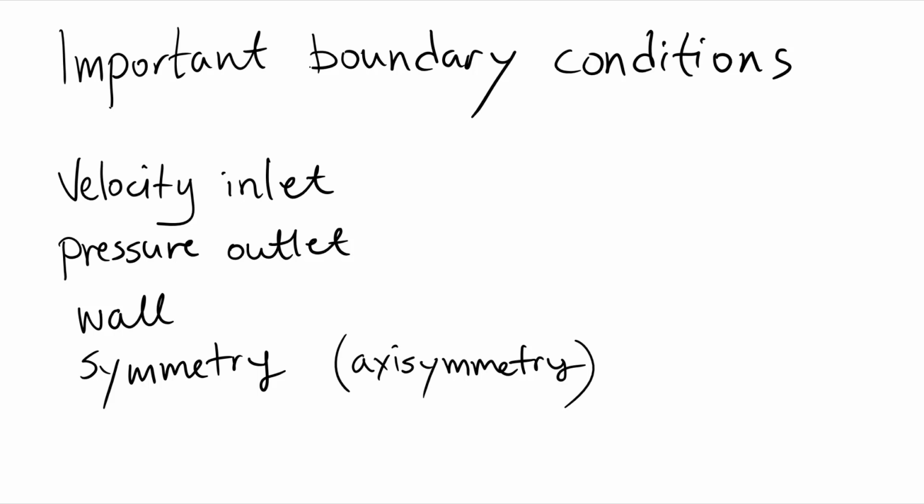We have the pressure outlet, where we have a pressure given. We have walls, where we have a combination of Dirichlet and von Neumann boundary conditions for velocity and pressure. We also have symmetry or axis symmetry conditions that are zero flux, von Neumann boundary conditions as well.